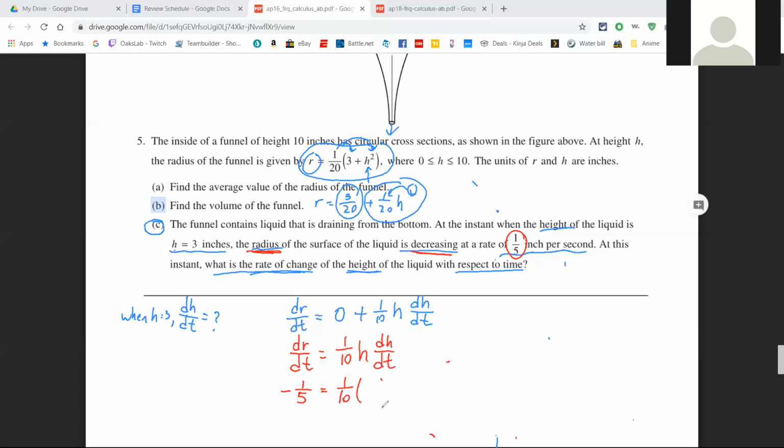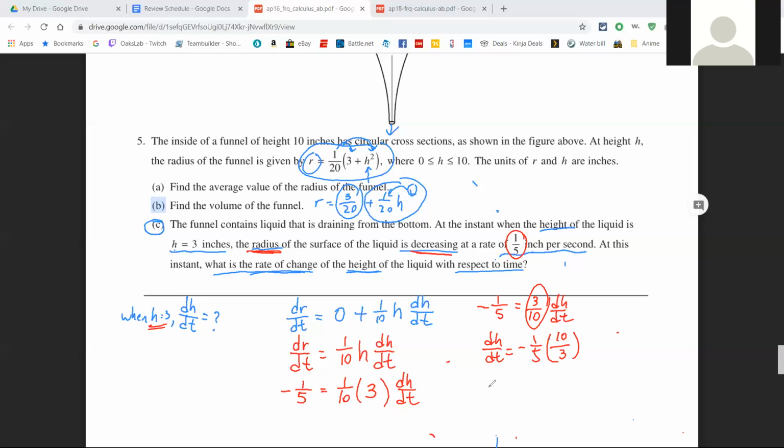The height, I even wrote down earlier, specifically when the height is 3. So that's negative 1/5 equals 3 over 10 dH dt. Therefore, dH dt is negative 1/5 times the reciprocal of that.